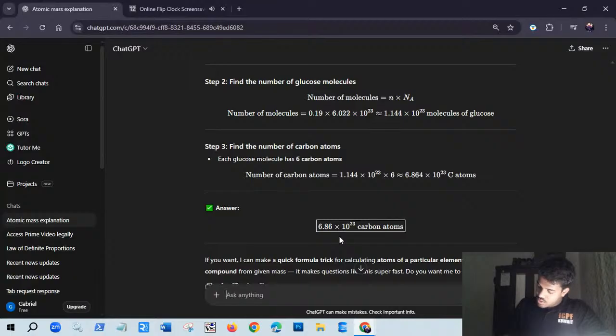So C6 is equal to 6 into 1.144 into 10 to the power of 23, which is equal to 6.86 into 10 to the power of 23 carbon atoms present. So if you find the mole, then you find the number of particles, and then you find whatever you want to find.